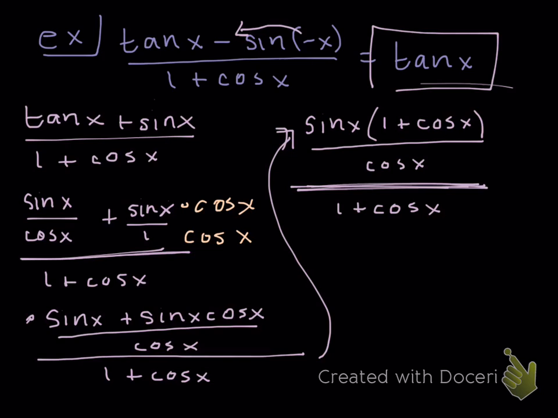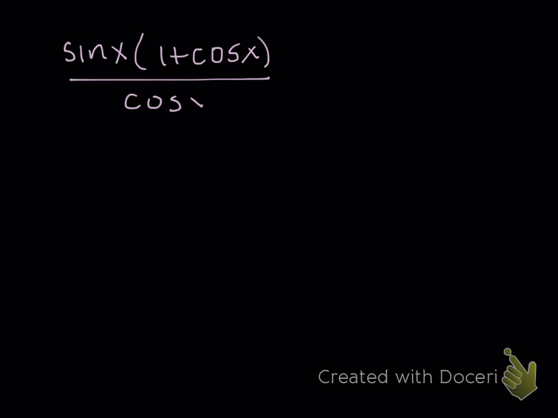So I'll have sine of x times 1 plus cosine of x. And this is over a cosine. And when I flip, so it said 1 plus cosine, so I need to flip that technically as 1 plus cosine over 1. So when I flip it, it becomes 1 over 1 plus cosine of x.